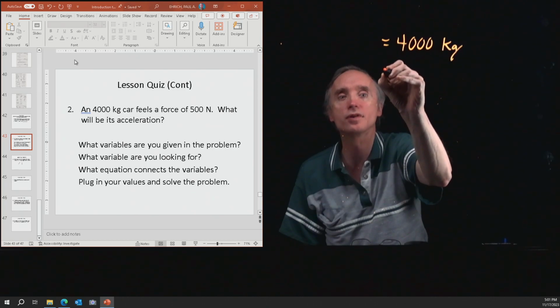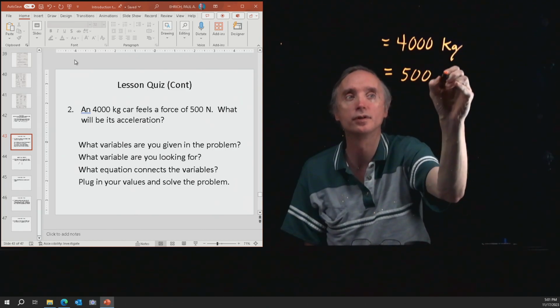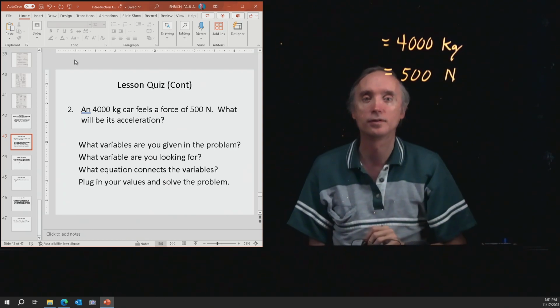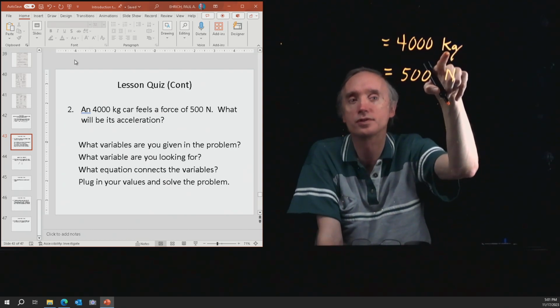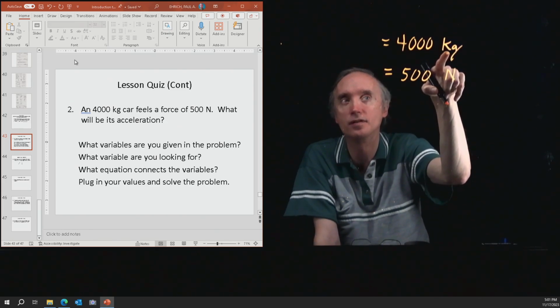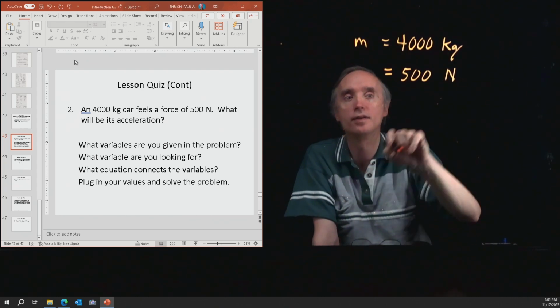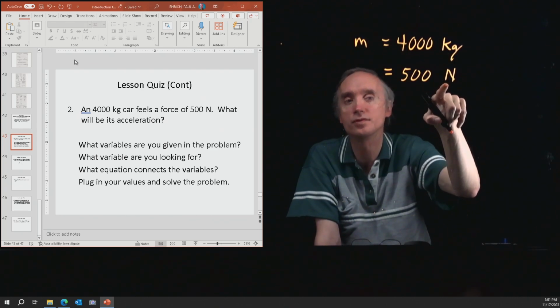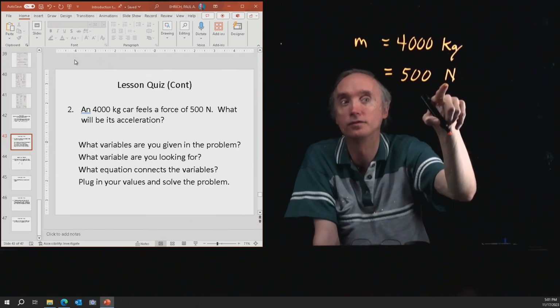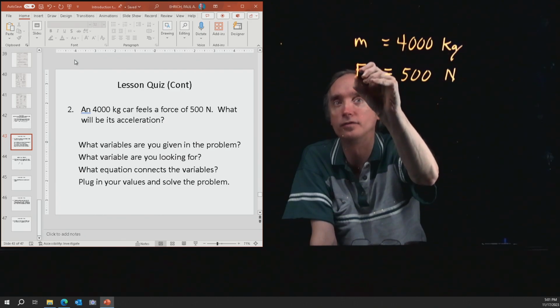Okay, we were also given that it was 500 newtons. Kilograms is a unit of mass, and mass is given by the letter M. Then newtons is a unit of force, and its letter is F.